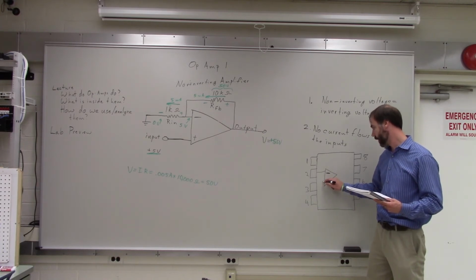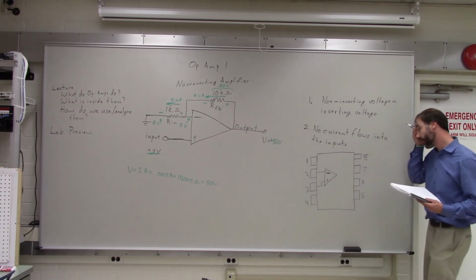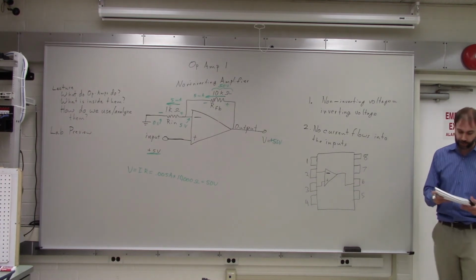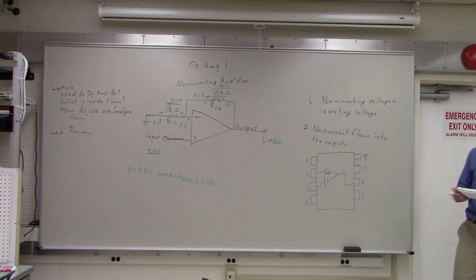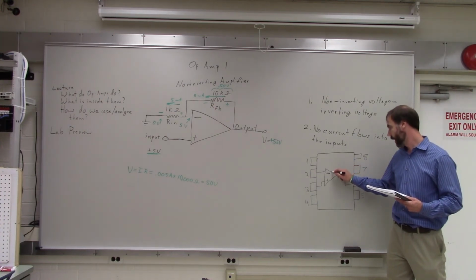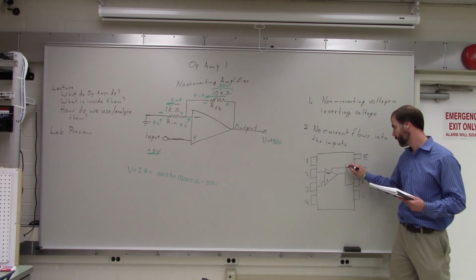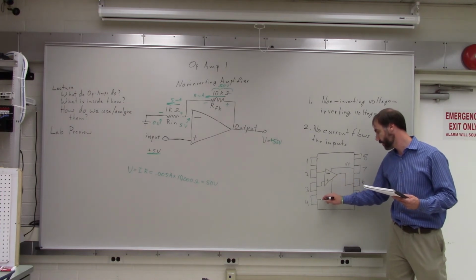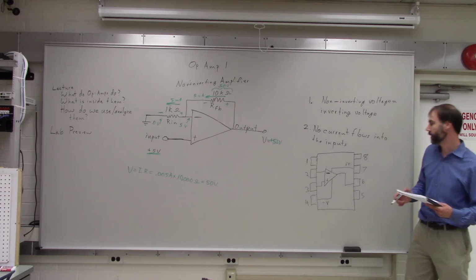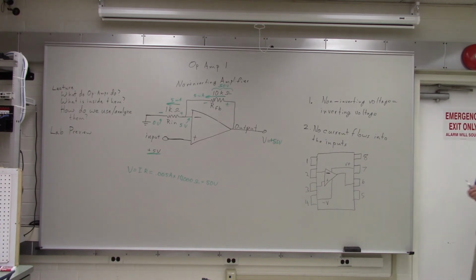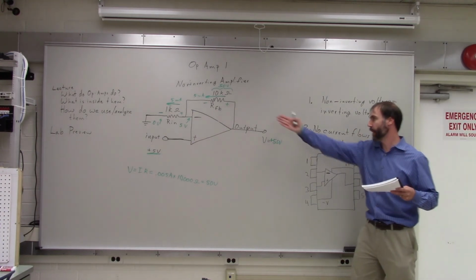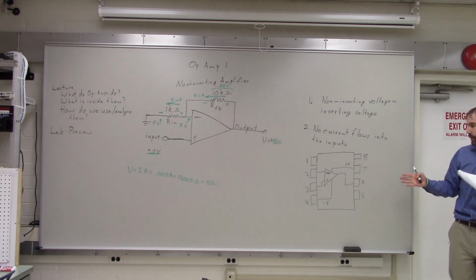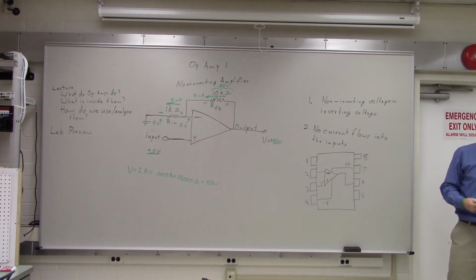Terminal 3 is the non-inverting input, and then terminal 6 is the output. Okay. Terminal 7 is the positive supply, and terminal 4 is the minus supply. Okay? So if you want to sort of figure out in your brain how to go from the diagrams that we have up on the board to working with the chip, you could sort of visualize it this way. Okay?